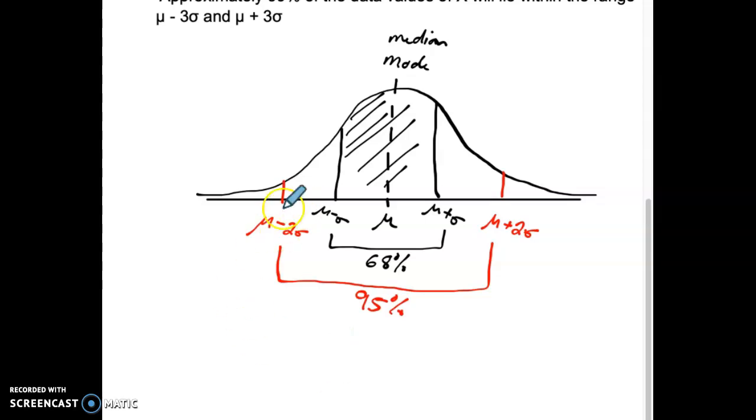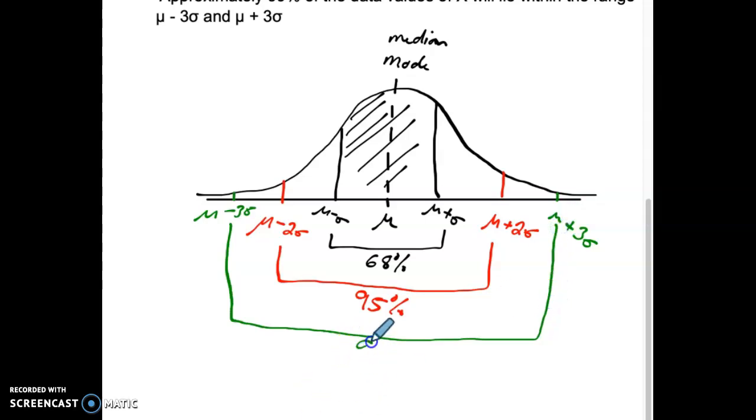And if we went to 3 standard deviations away, in other words, we subtracted 3 standard deviations from the mean and added 3 standard deviations to the mean, in between those 2 green lines there is 99% of the data. So that means in these little tails off to the side, only 1% of the data combined falls.